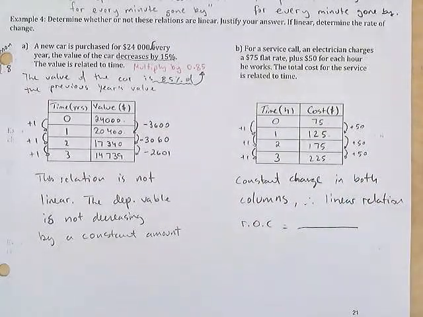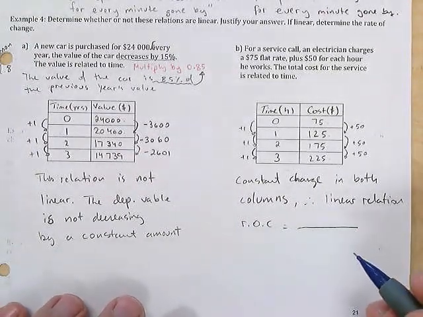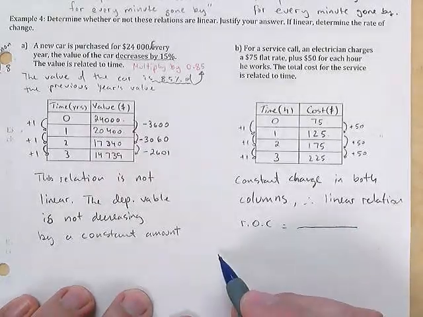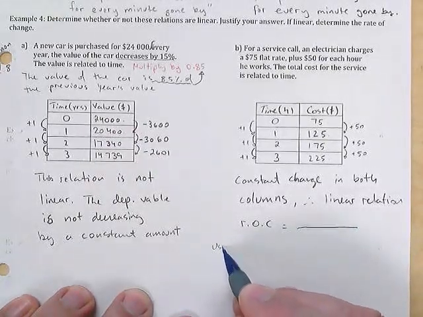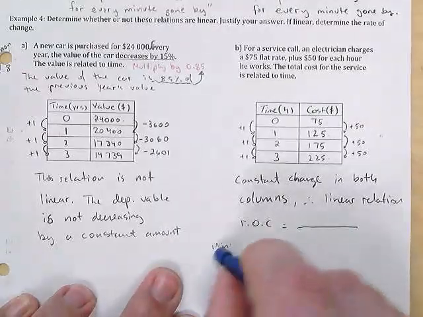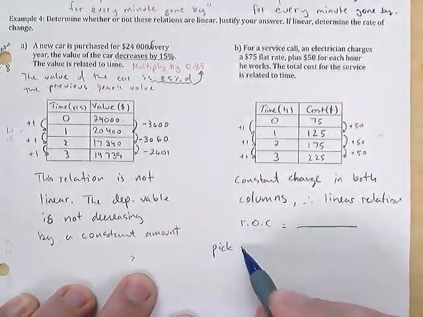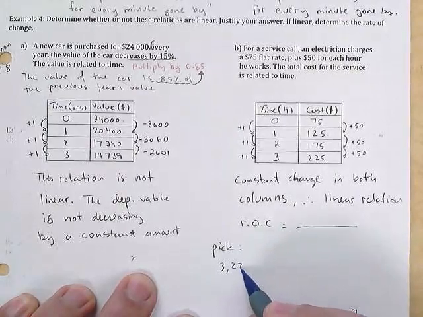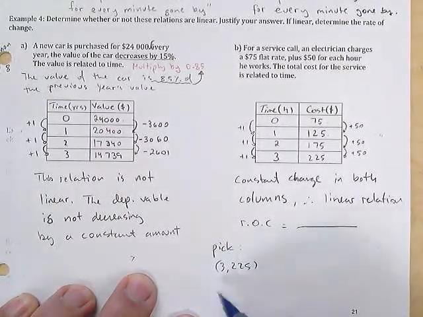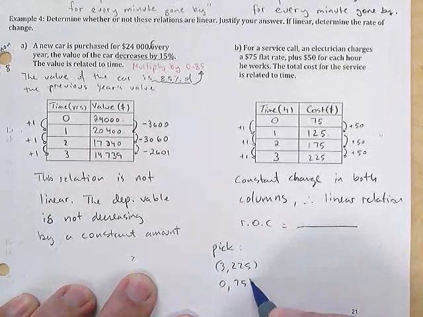If you were to subtract the y values and subtract the x values, you all should get the same rate of change, okay? So I'm going to pick 3, 225 and 0, 75.